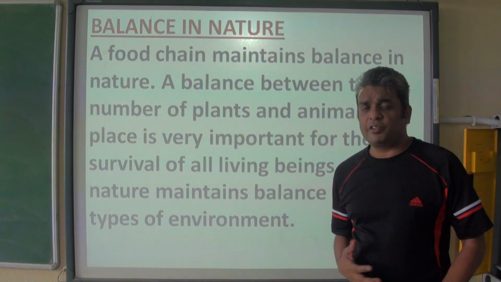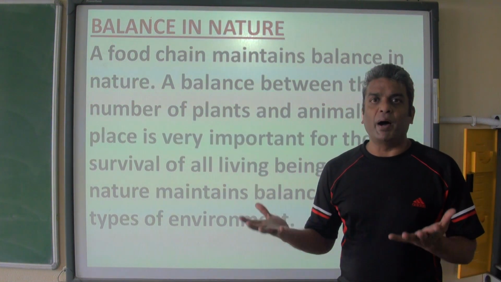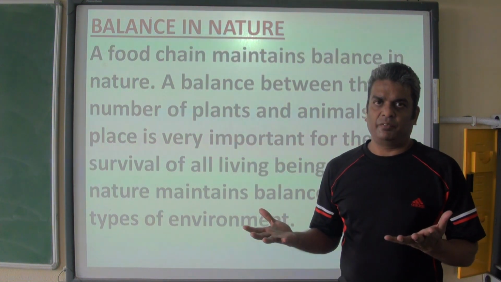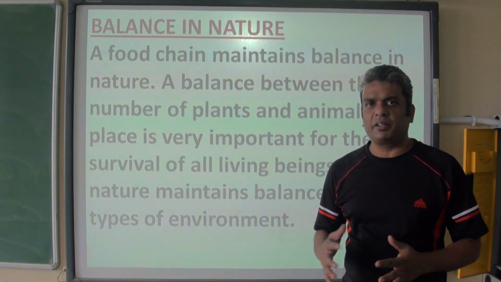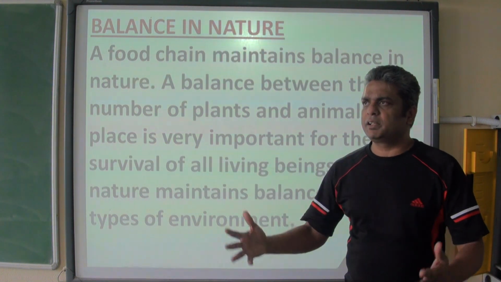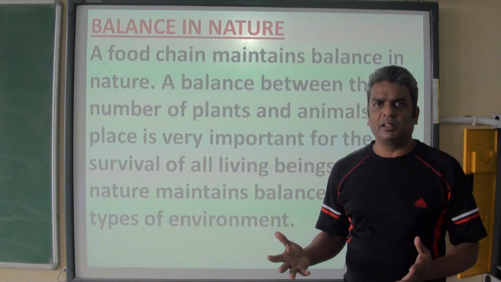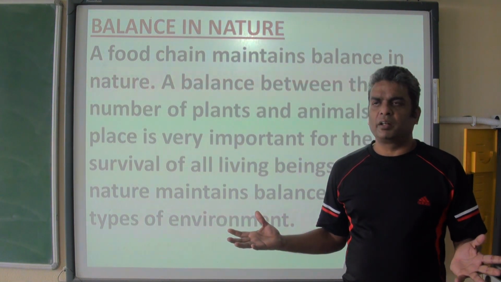And this food chain is very important. It is required in nature so that balance is maintained. If we do not have carnivorous animals in the forest, then what will happen? There will be herbivorous animals. They'll keep multiplying and keep eating the plants, and eventually there won't be any green plants around you.